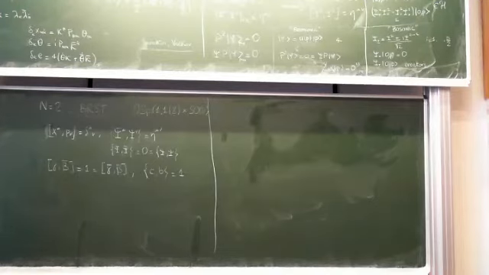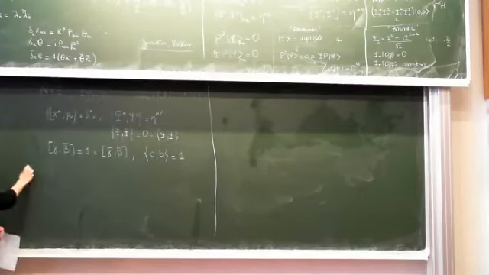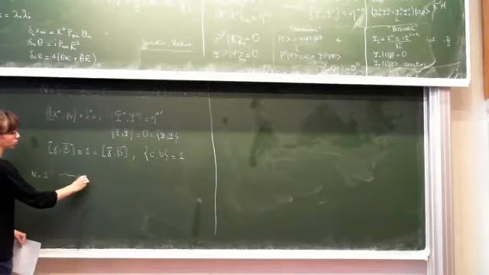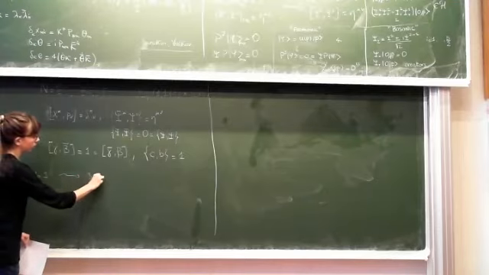Now, studying the BRST homology of this thing, one should note that there are vectors, because we just said that n equal 1 corresponds to spin 1/2 particles.